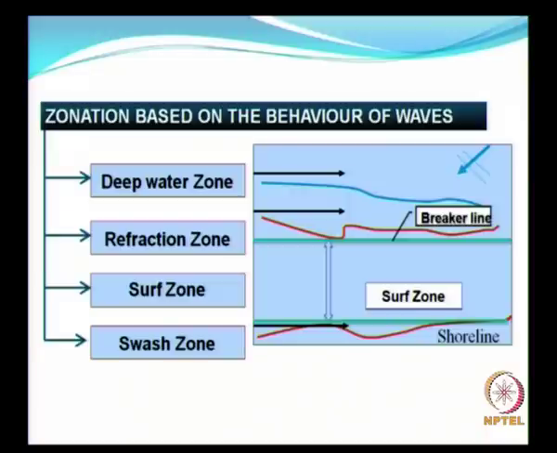That is called the breaker zone, and the deep water zone is d by L greater than 0.5. This zone is approximately d by L equal to 0.5, that line or region. This is the region where the waves are breaking, and this zone is the refraction zone.